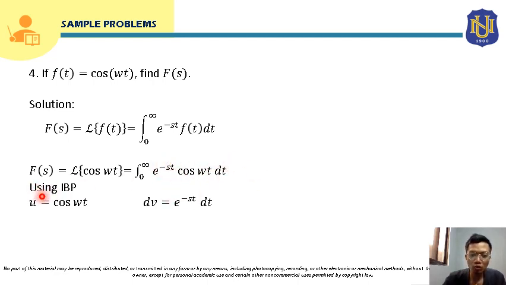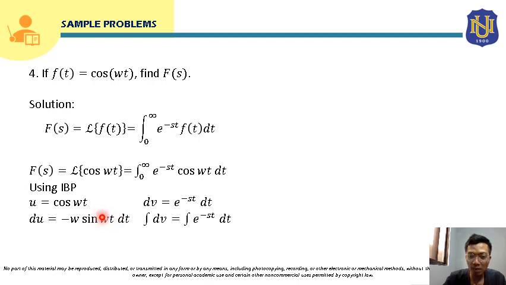What we're going to do here is derive u is equal to cosine wt, and integrate dv is equal to e raised to negative st dt. Let's derive this first. The derivative of u will be du, and for the derivative of cosine wt we are going to use the chain rule. The derivative of cosine wt is negative sine wt times the derivative of wt.